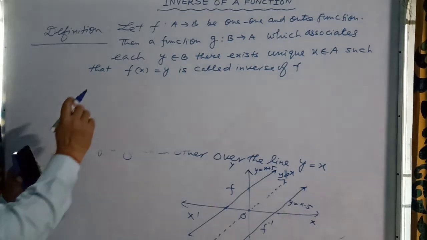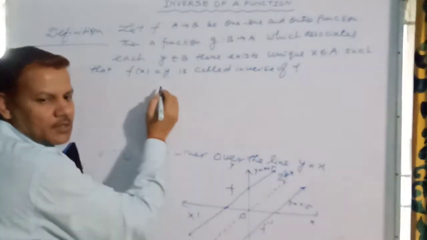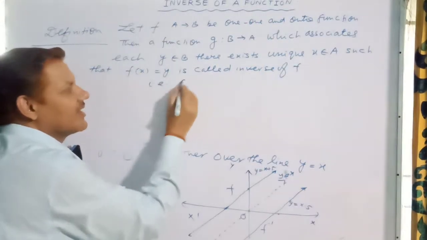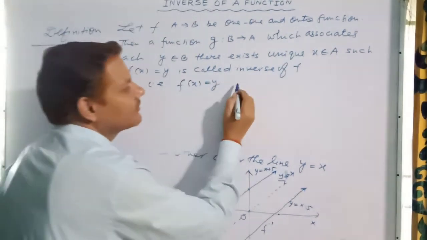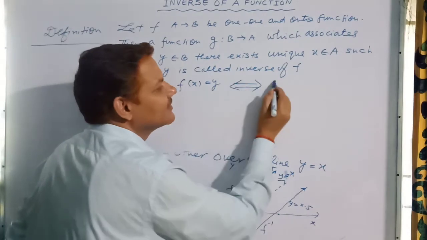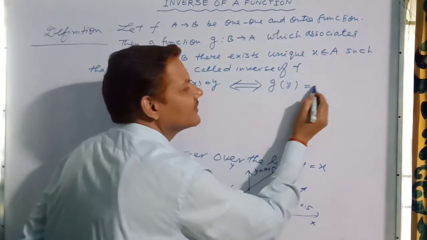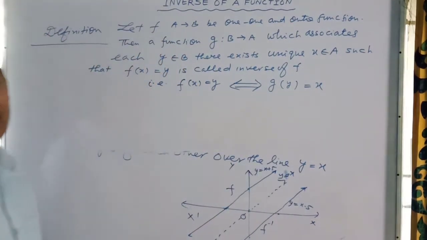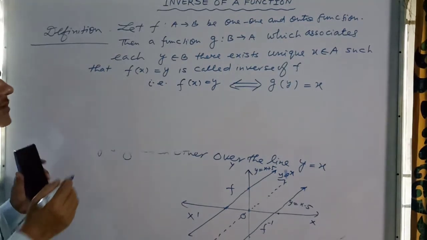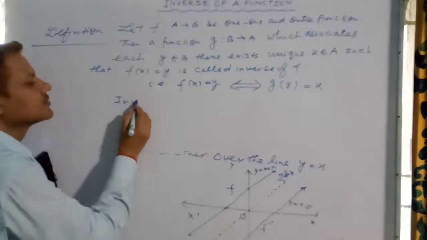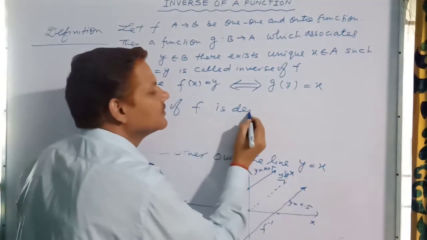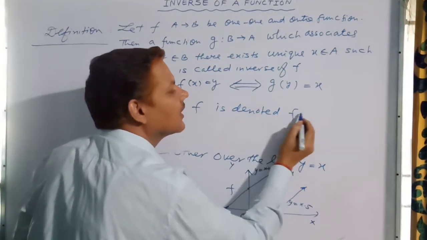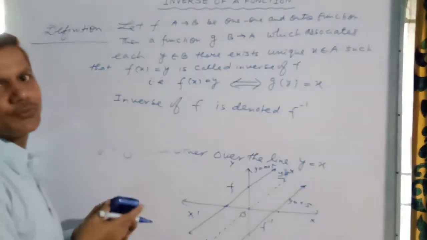Now f(x) is equal to y if and only if g(y) is equal to x. This is the concept of inverse. Simply, the inverse of f is denoted as f inverse. So we may replace g by f inverse.